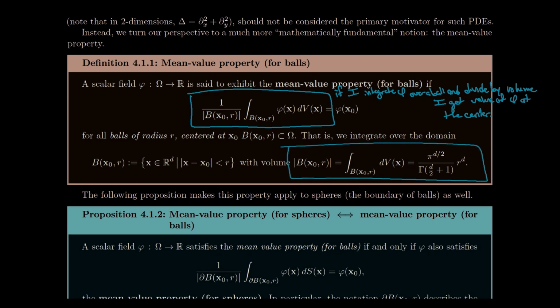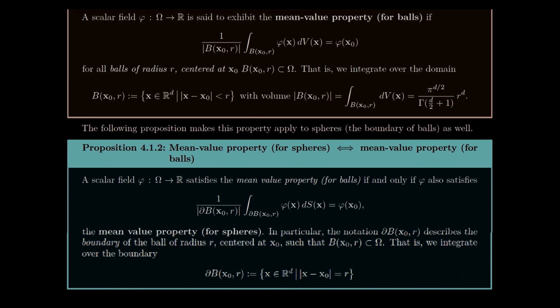Don't worry too much about this definition for the total volume of a d-dimensional ball. It's not terribly important. You can think about when d is 3, this should be 4/3 pi r cubed, and then in 2 dimensions it's pi r squared, and so on. But in very high dimensions, just don't worry about it. It's not going to show up, and if it does, you can look up what all those numbers mean.